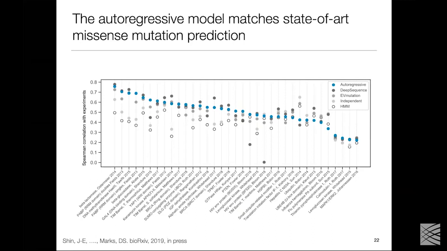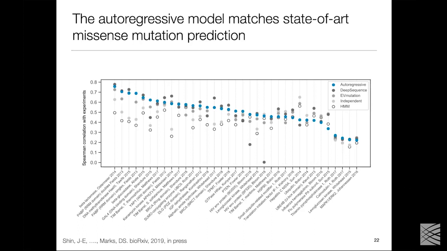And so first, though, before we go on to applying this method to generating new nanobody sequences, we had to test first whether the model was actually learning informative sequence constraints. And so we compared our predictions to 40 deep mutational scan data sets and compared the Spearman correlations of our predictions to the experiments with the Spearman correlations for 4 other mutation effect prediction algorithms, such as DeepSequence, which is a VAE-based model, Mutation, which is a pairwise Potts model, as well as an independent model and an HMM.